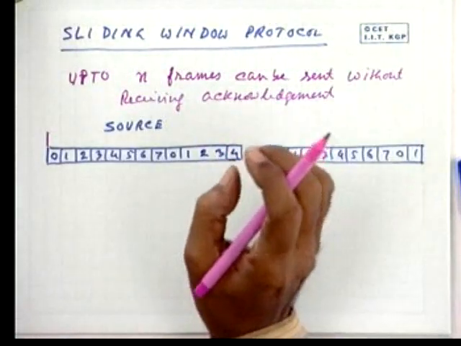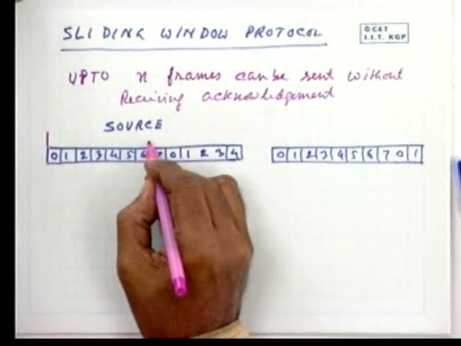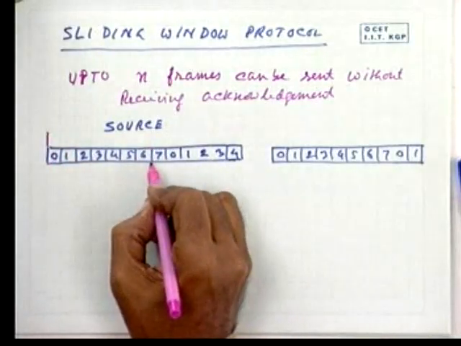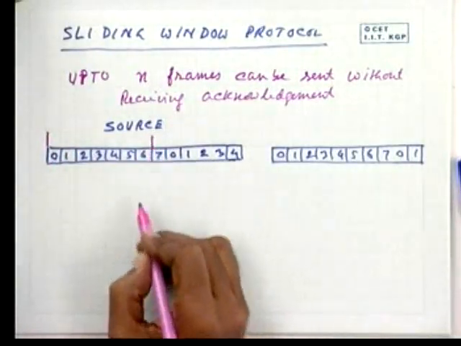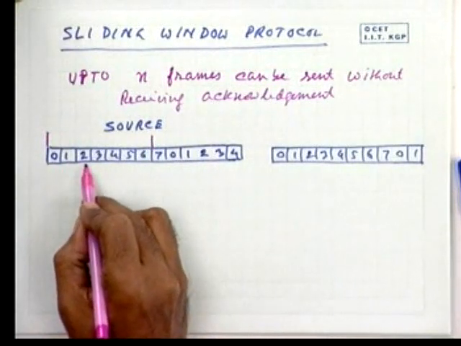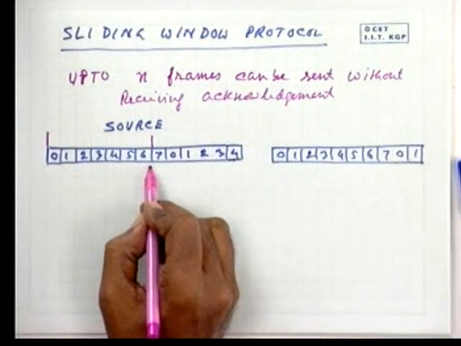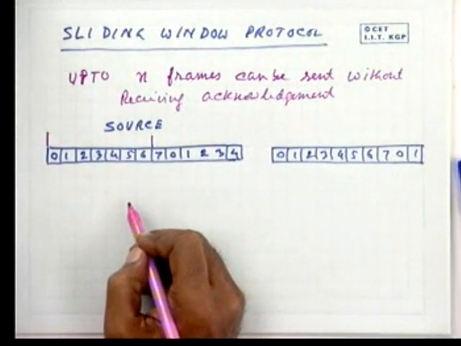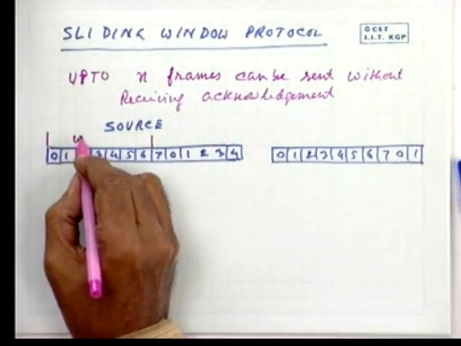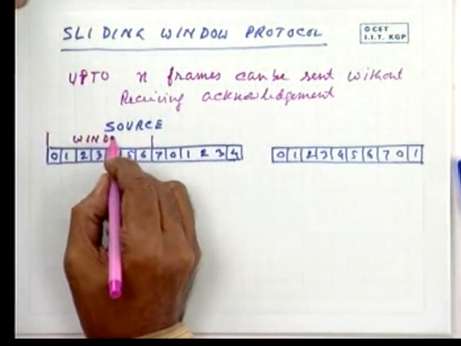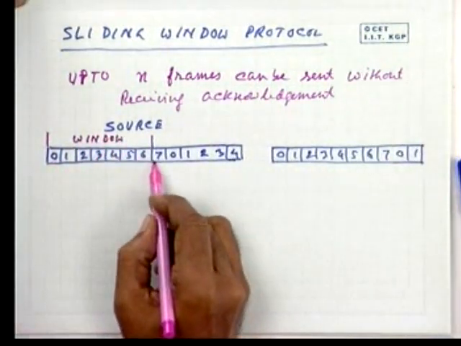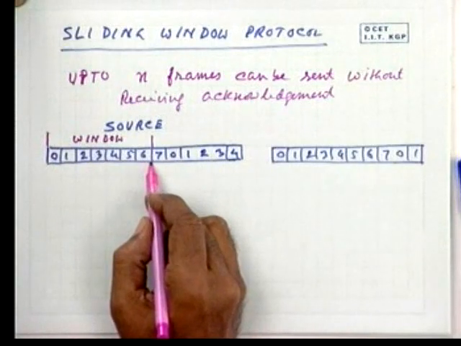The maximum frames which can be sent by the transmitter, for example, let the window size be 7. So it can send 0, 1, 2, 3, 4, 5, 6. Why we have chosen 7 will be clear very soon. So this is the window. So these are the frames which can be transmitted by the source.